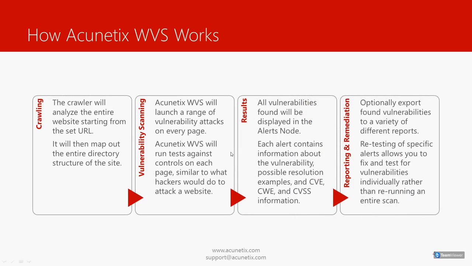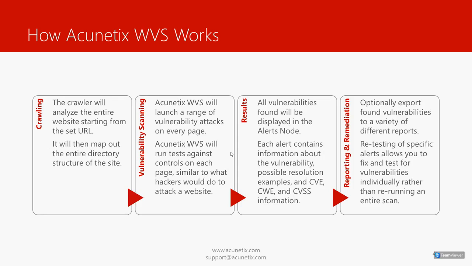Okay, so before we get into the demo of the product, I do want to go over some stages that a scan goes through. We first start with the crawling stage, and in this stage, the crawler will analyze the entire website, starting from a single URL, and then it will start to map out the directory structure of that site.